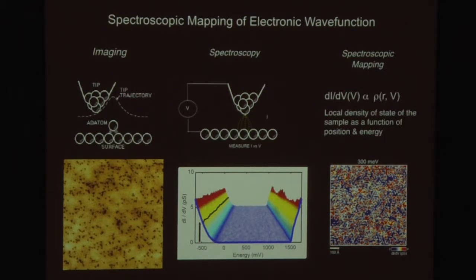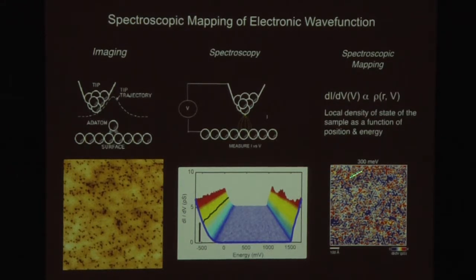Now, you can park the tip at a given pixel on this picture and record the rate at which electrons come from the tip into the sample or vice versa. This is called spectroscopy. And this is very much like the experiment I showed you in those devices, except it's spatially resolved. We can go to every location and perform this experiment, like this is a spatially resolved measurement of a semiconductor.